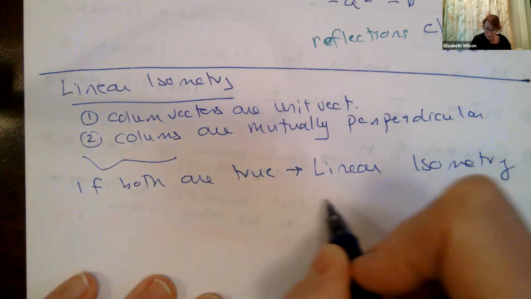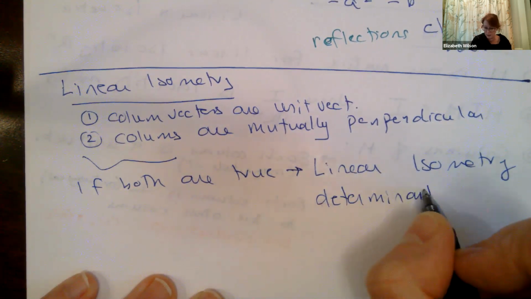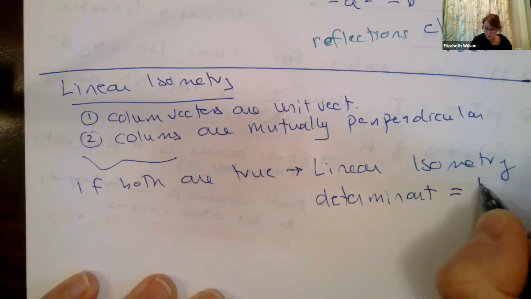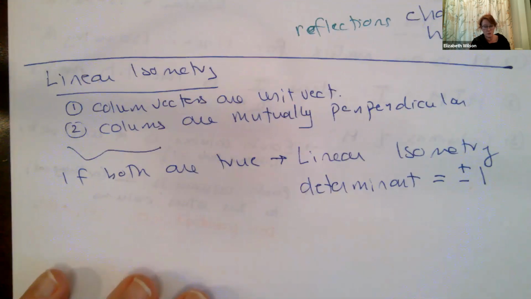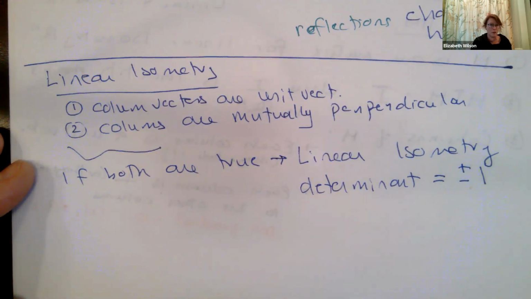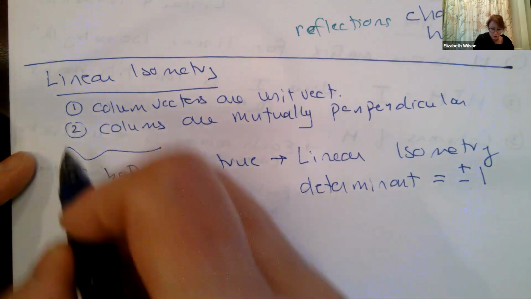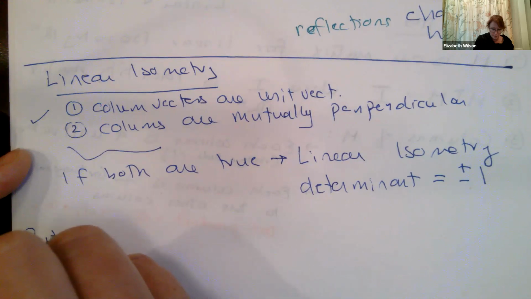Okay, and the determinant, which is what we just calculated, will be equal to positive or -1. But it's not true that if I check the determinant and find it's equal to positive or -1, it's a linear isometry. I have to do this check. But let's write that down.